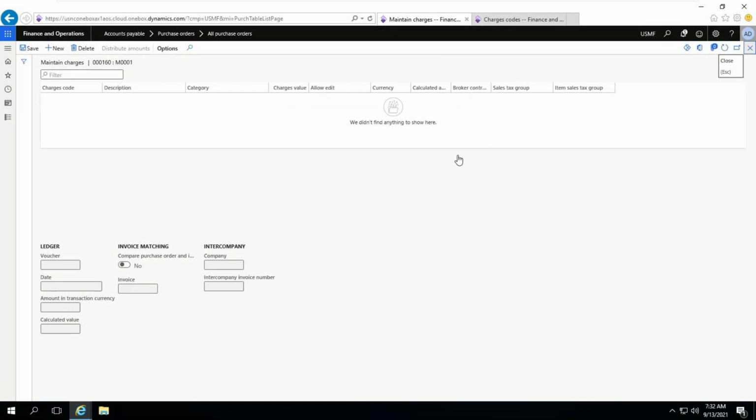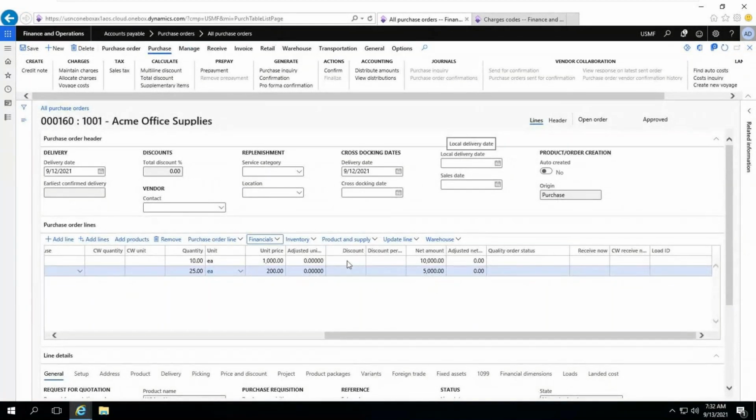First line also let me delete. First line charges also let me delete. Now the first line. Financials.